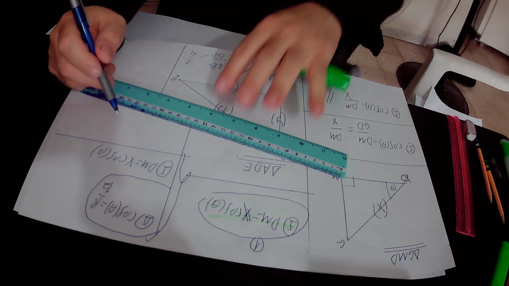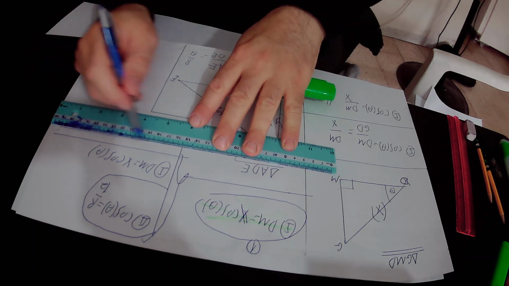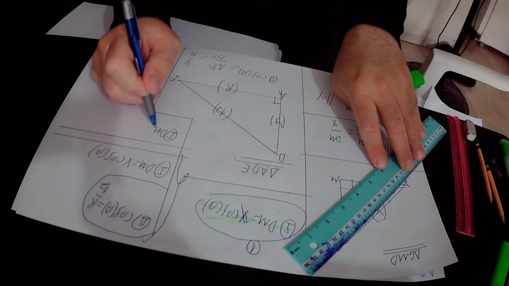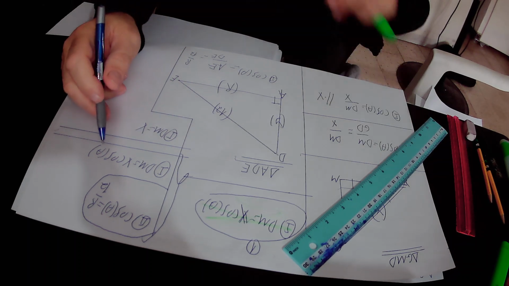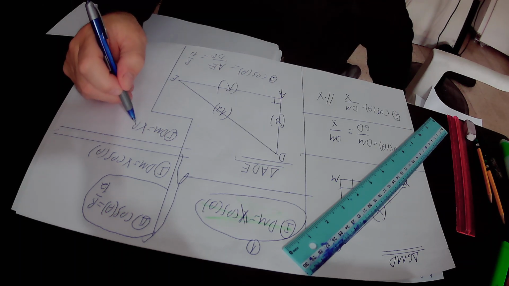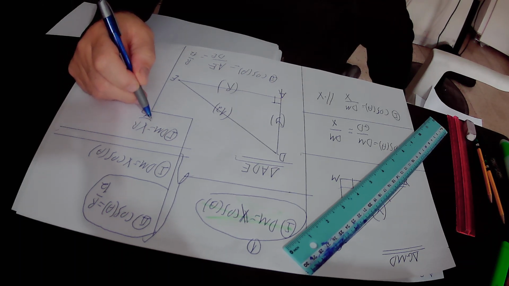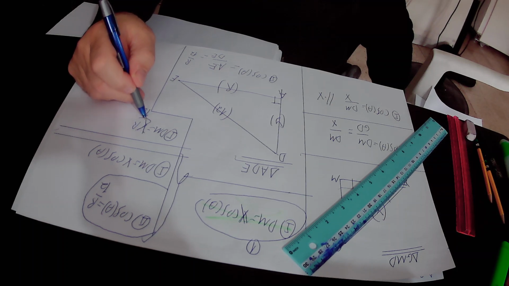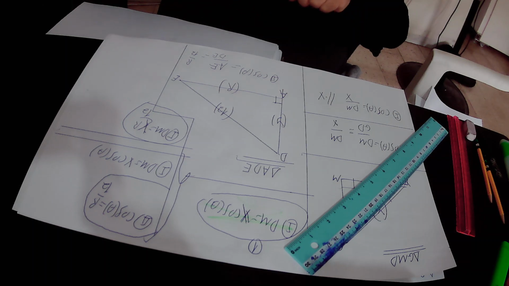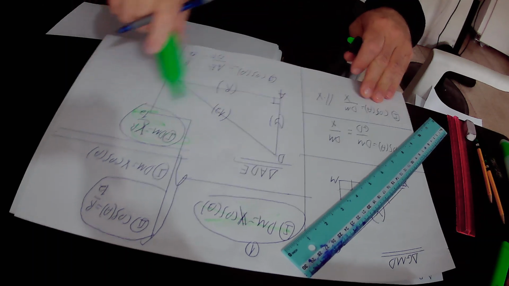We'll do it now, and we'll get that DM is equal to x times cosine theta. Cosine theta is r over 12 according to equation 2. So in total we found out that DM equals xr over 12.